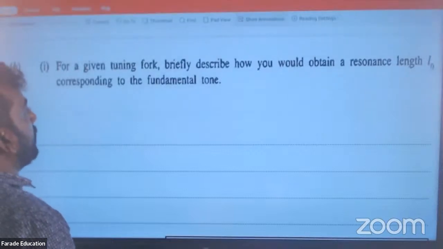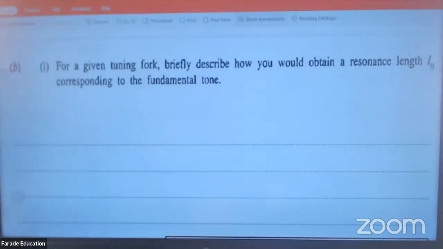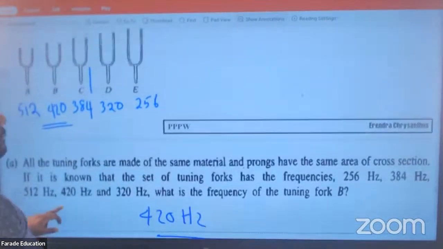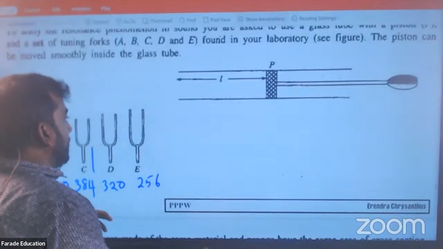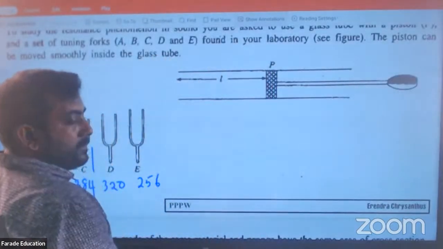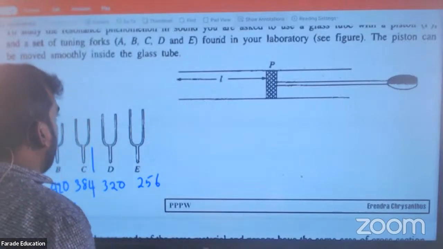For a given tuning fork, briefly describe how you would obtain the reference length, how you would obtain the resonance of fundamental notes. What do you do? First, start from a very small vibrating length. Vibrate the tuning fork.